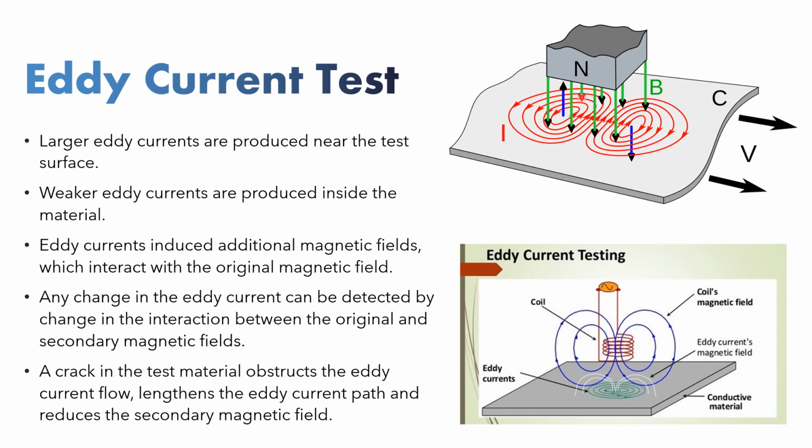It's not going to be smooth like the part without the defect. With the defect, your current is going to get obstructed. Therefore, it's going to lengthen the eddy current path. It takes a longer time because of the obstruction. And then it's going to reduce the secondary magnetic field, meaning reduce the strength of that magnetic field.